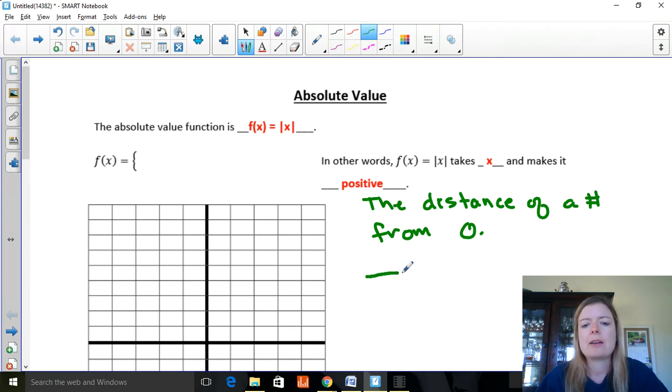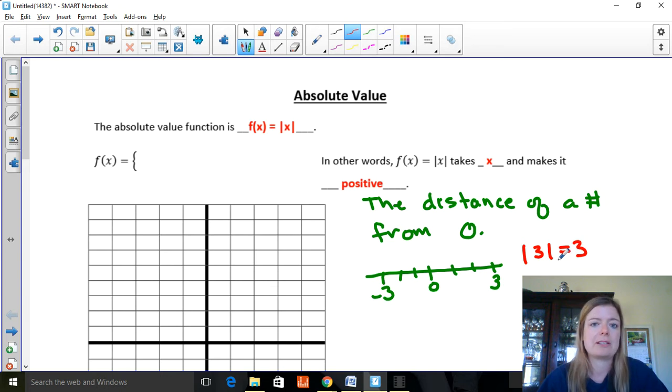So think of a number line where there's 0, let's say we have 1, 2, 3, and we have -3 on the number line. The absolute value of 3 is just 3 because it's 3 away from 0.